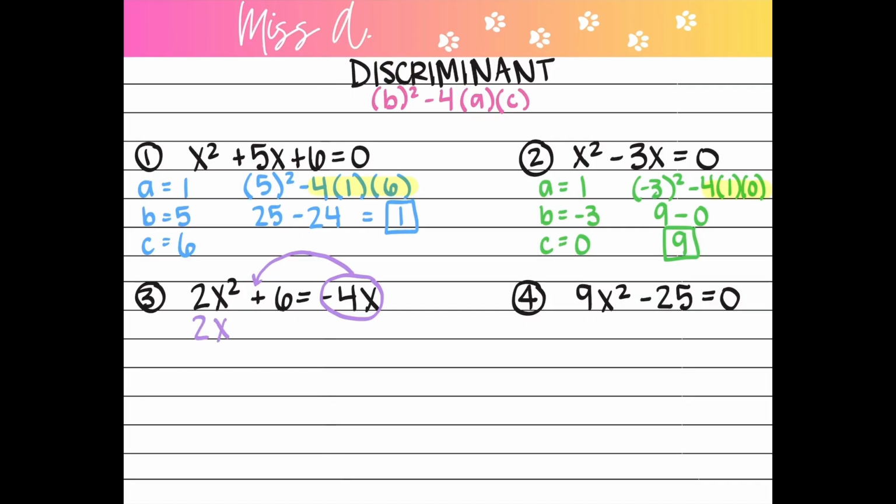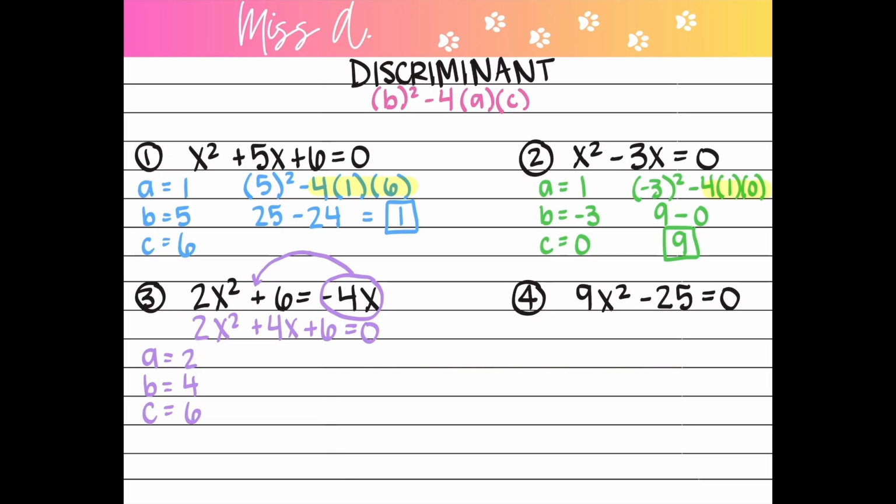When I move it, I'm going to switch it to positive 4x. And I'm putting it in the middle. That way it's in standard form, just like number 1. I want my x squared, then my x, then my constant, my regular number at the end. Now that it's equal to 0, I can list my a, b, and c. My a is 2, my b is 4, and my c is 6. All 3 of these are positive.